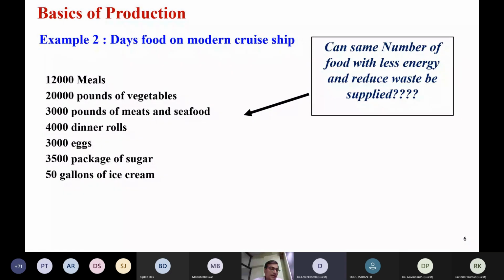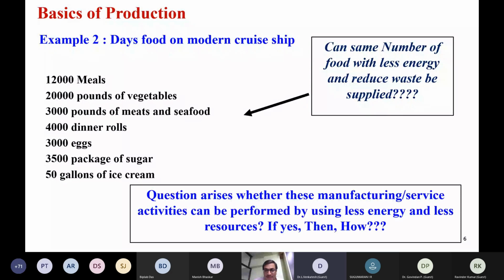What if the industry produces 1000 metric tons of steel bar in one day with the consumption of, suppose, X units of electricity? Then the company can think about how we can reduce that consumption of energy. Then the question arises whether these manufacturing activities can be performed using less energy and fewer resources.